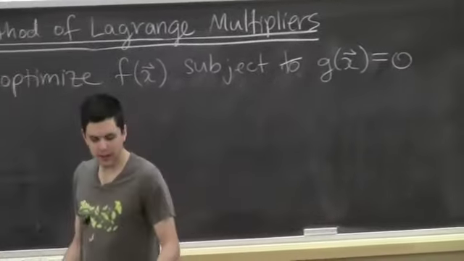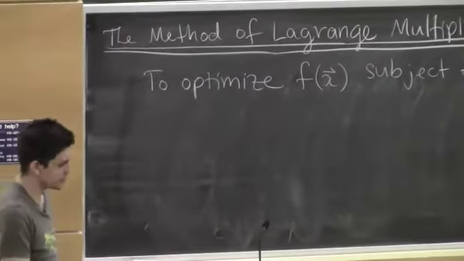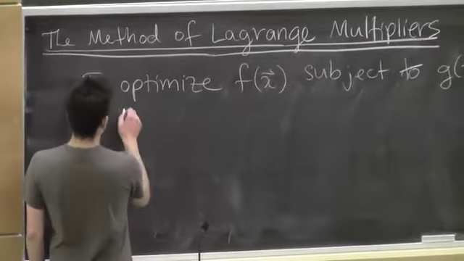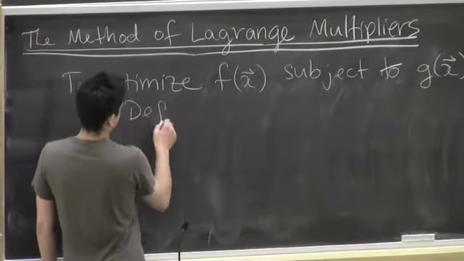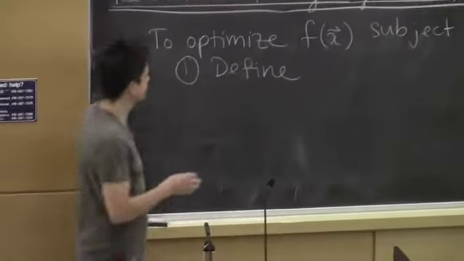To optimize a function subject to a particular constraint, we're going to define the following weird function.